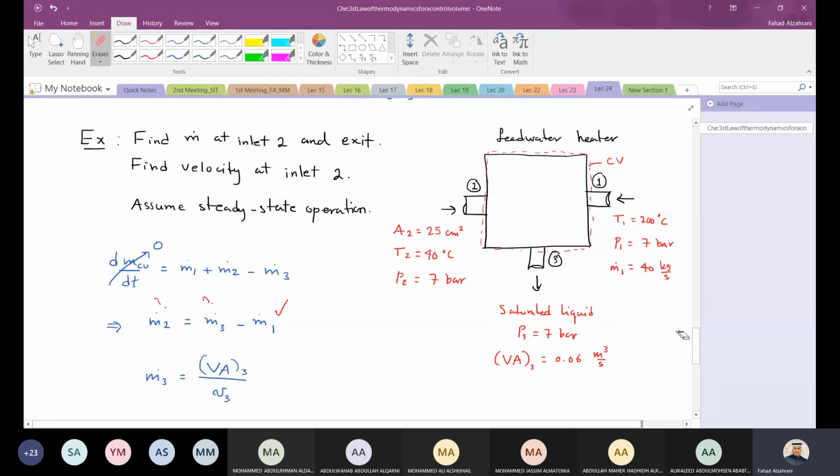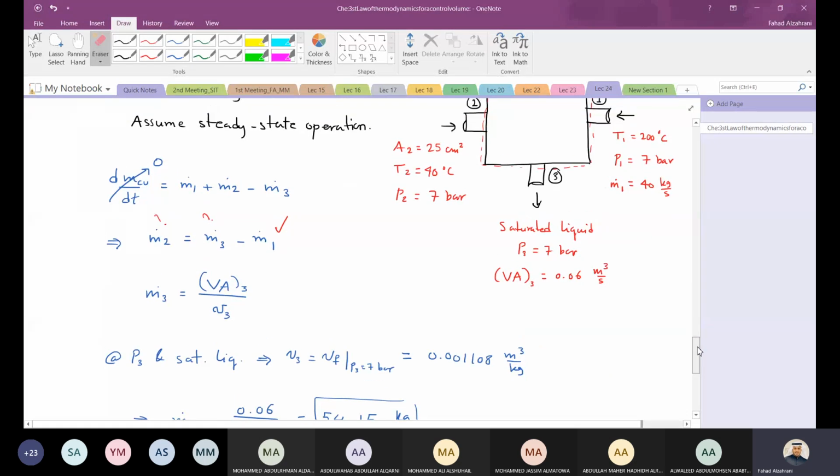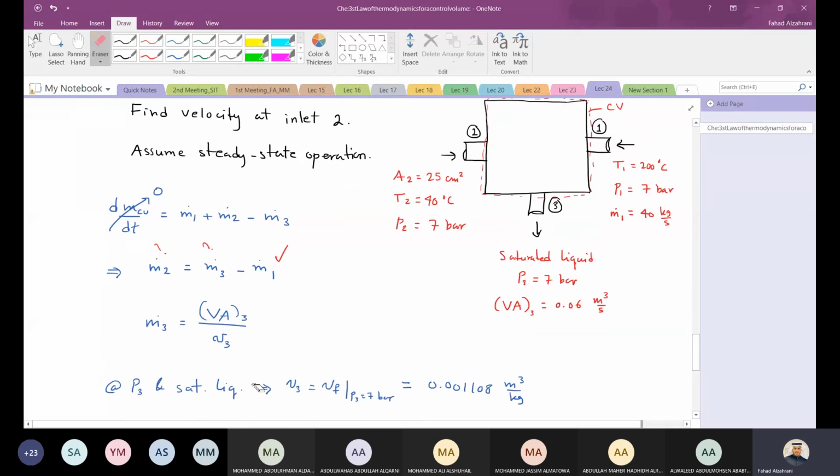So you go to the tables, you go to 7 bar for water and the saturated liquid state, which is the f state, then you find v3 as v_f at 7 bar, which is 0.001108.